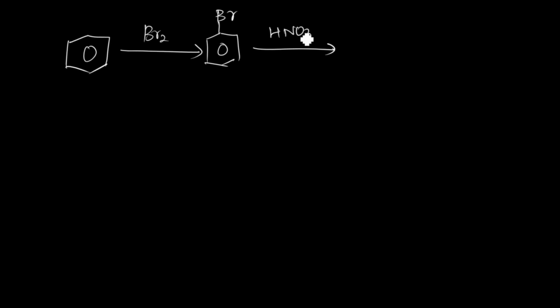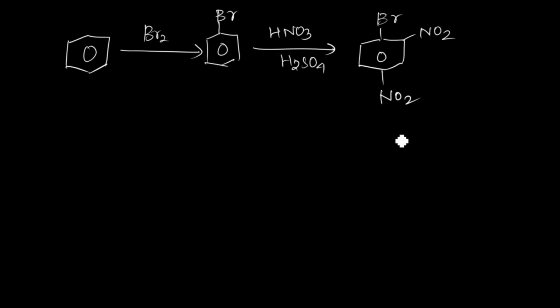Then nitration: bromine deactivates the ring but is ortho-para directing, so it will produce ortho and para products.